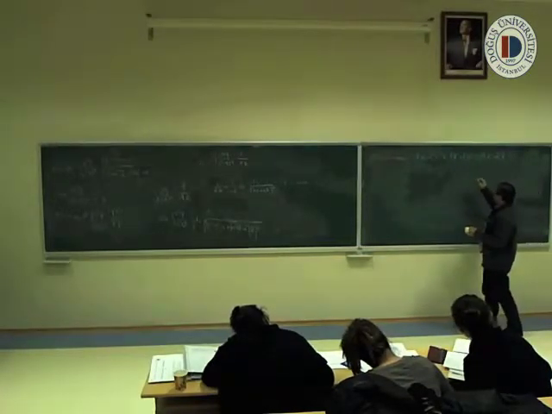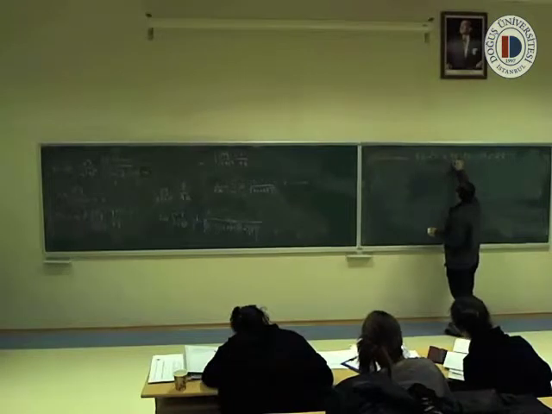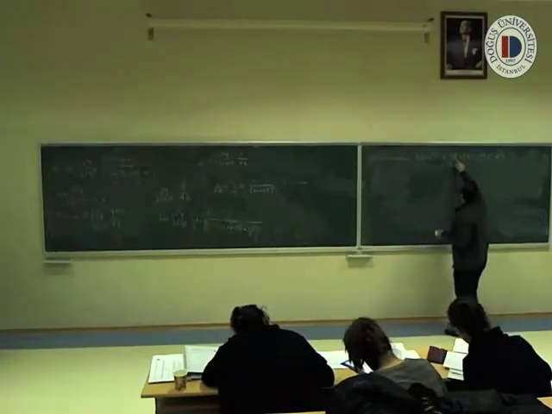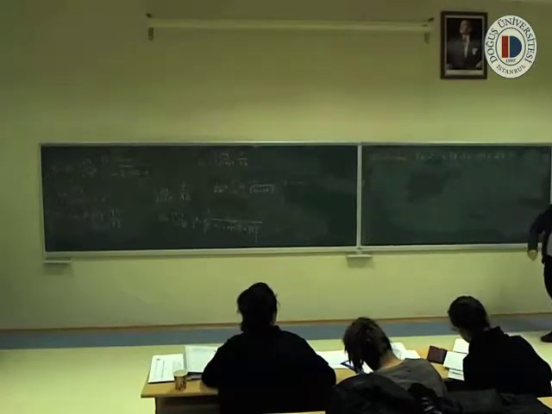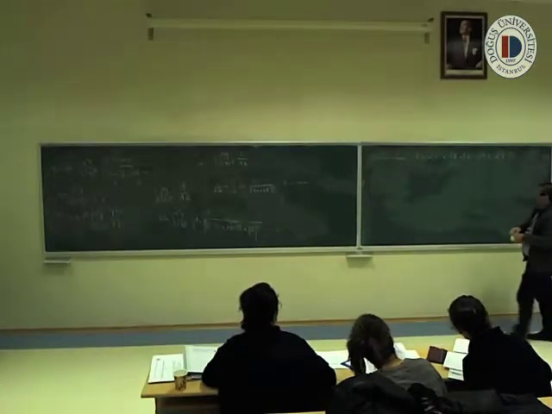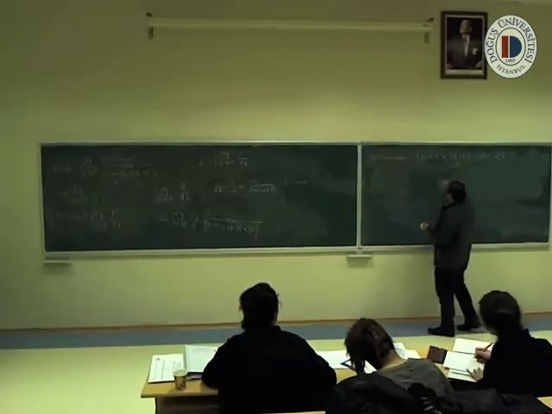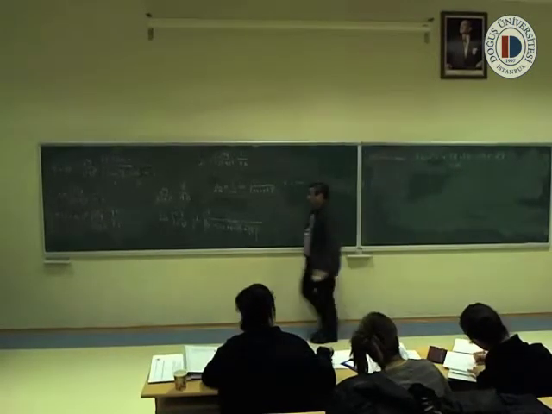Now, here we have q square minus q square x, because x bar is 1 minus x. So these two terms cancel each other.